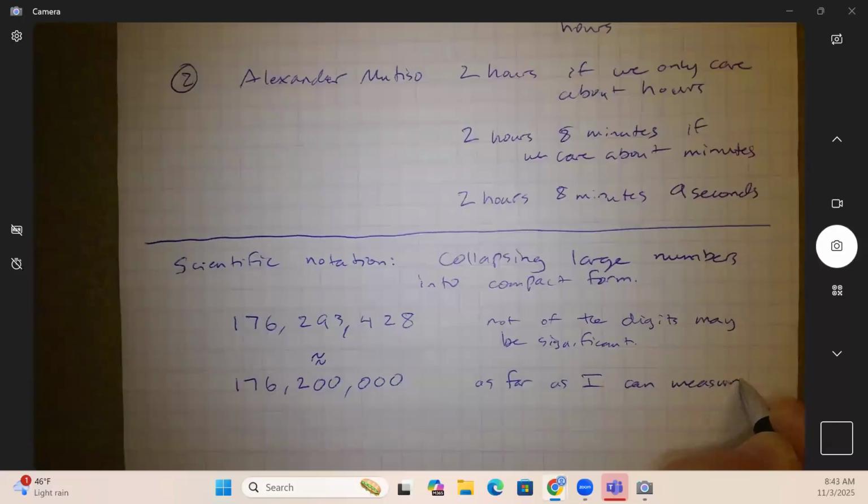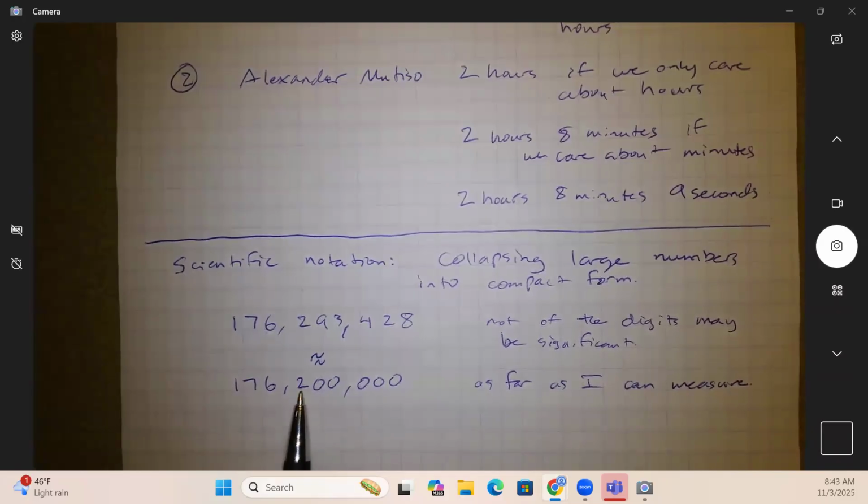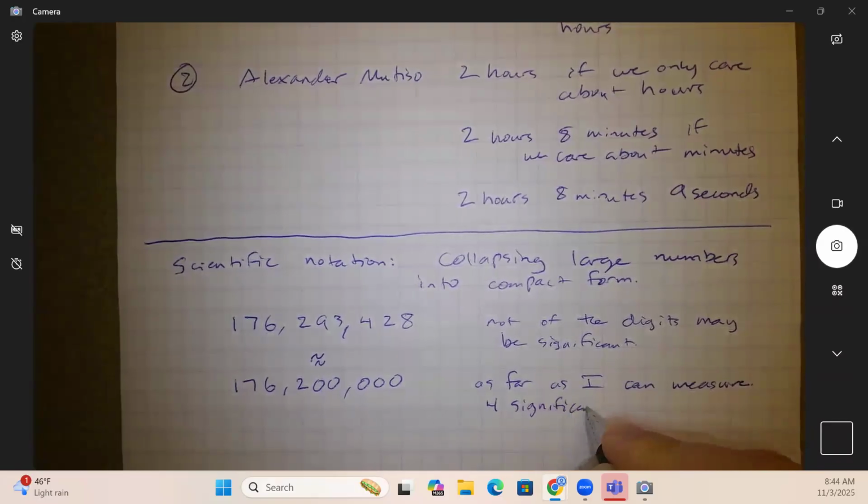And again, that's a human decision. I feel like my measurement is only precise to 4 significant digits, or 4 significant figures.